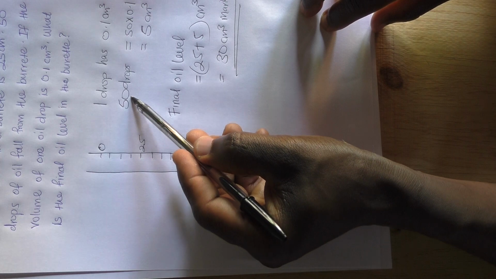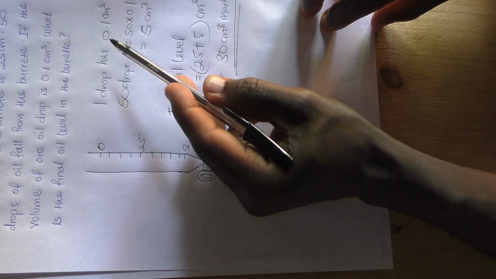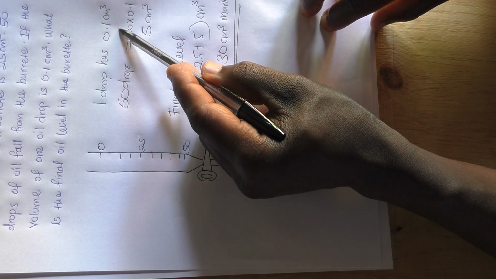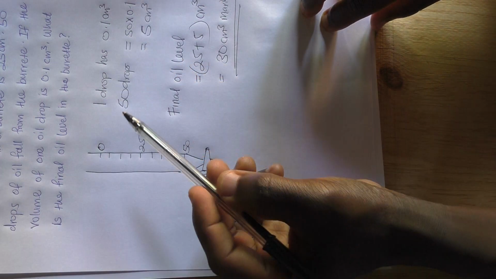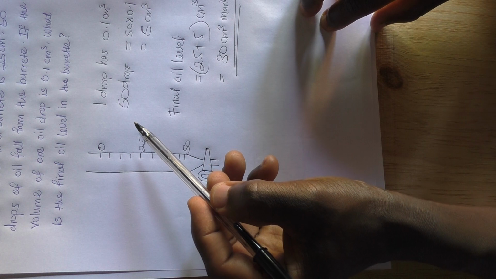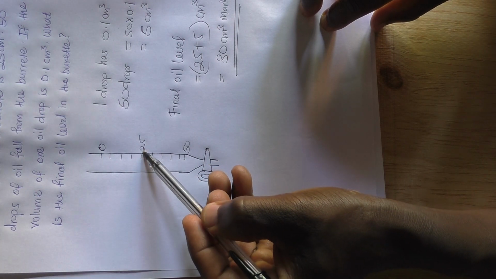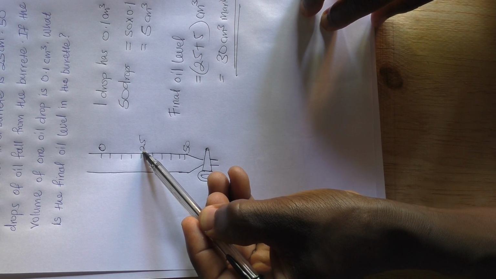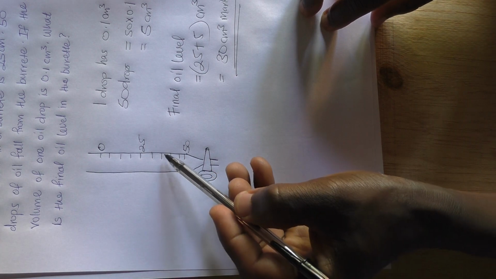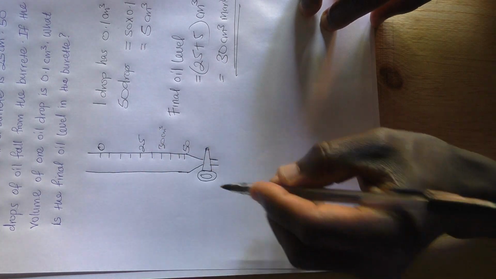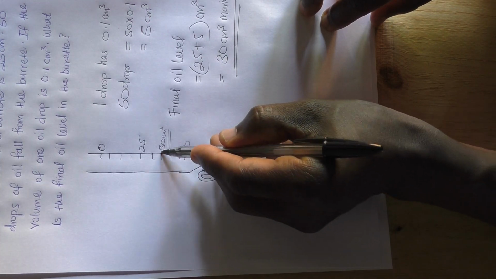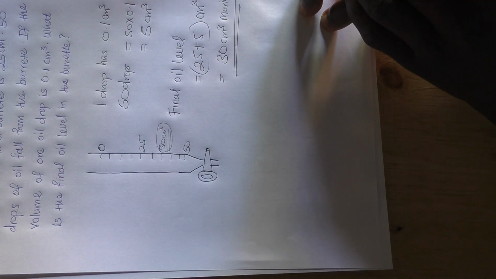When 50 drops, each of 0.1 centimeter cubed, fall, then the oil level will drop from the 25 centimeter mark to 30 centimeter mark. So this will be our new oil level in the burette.